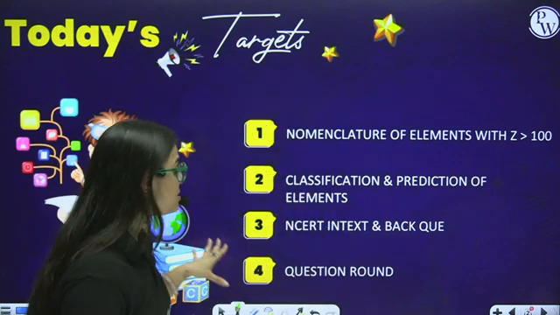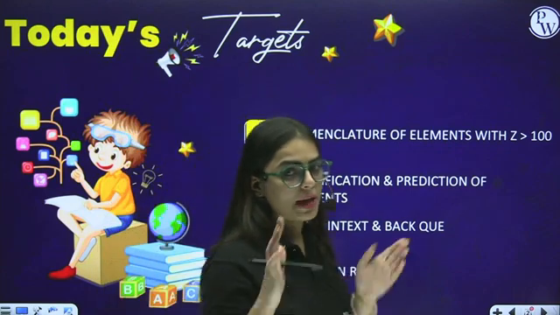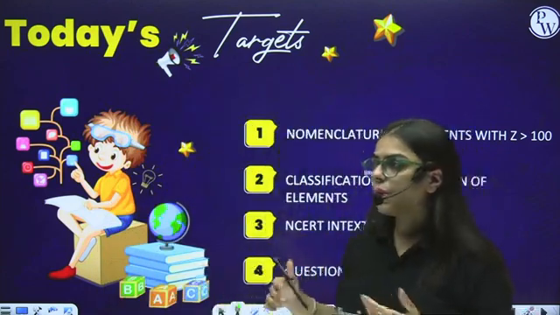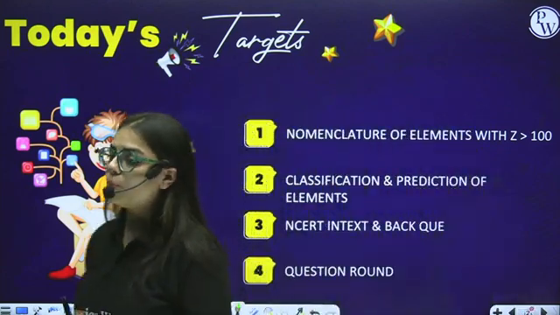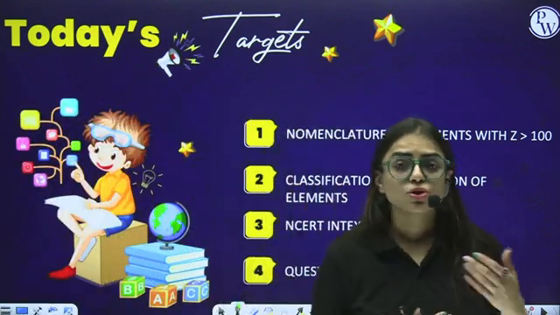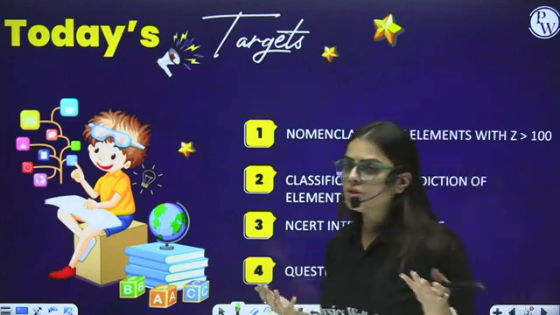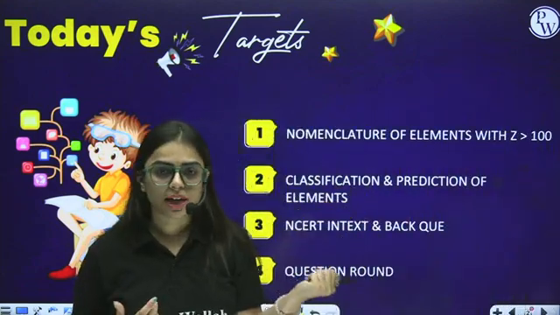The third segment that we are going to start is NCERT in-text questions and back questions. Let me tell you why I have taken this. I will be considering those questions where we need to solve something. The theory-based questions you can answer on your own with the help of the notes that I am providing you.